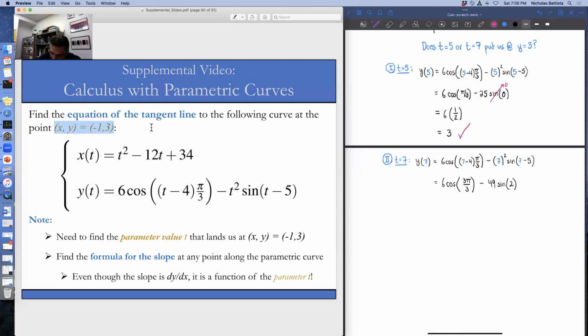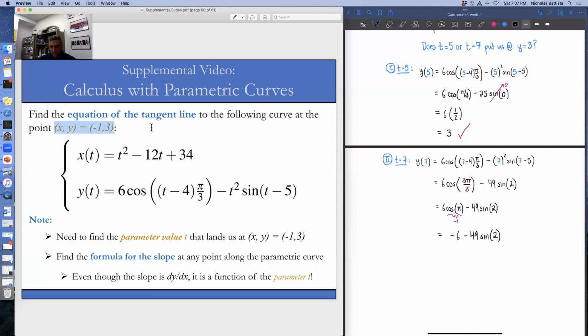Well, we can see that the 3's cancel out inside of that cosine. So this is 6 times the cosine of pi, all minus 49 times sine of 2. And you might remember cosine of pi is equal to minus 1. So this is equal to minus 6 minus 49 times sine of 2.